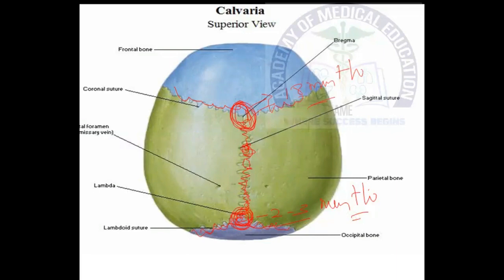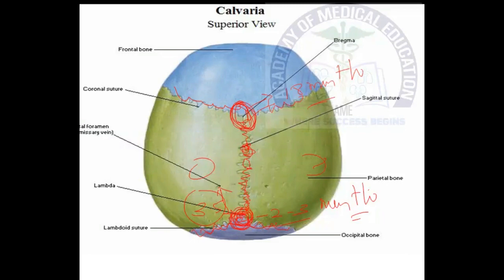Then there are the parietal eminences. It is the area of maximum convexity of the parietal bone, also known as parietal tubers. Then the parietal foramina pierce the parietal bones on each side of the midline, approximately 2.5 to 3.5 centimeters in front of the lambda.